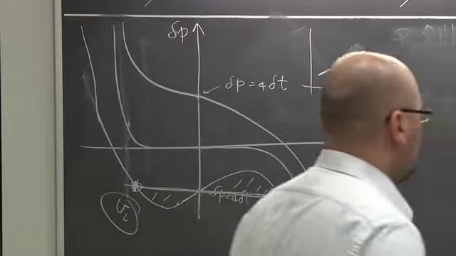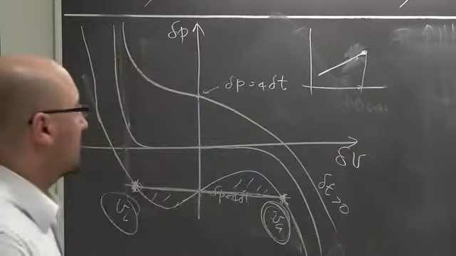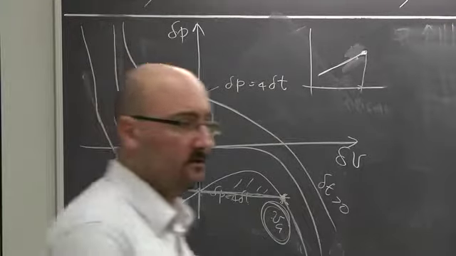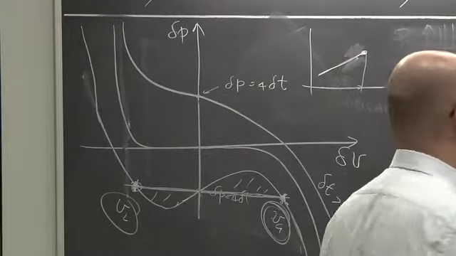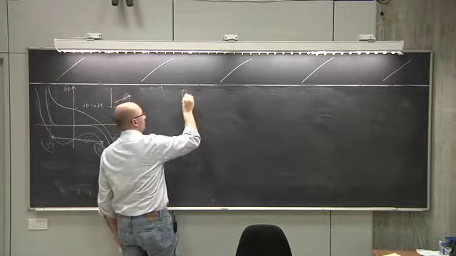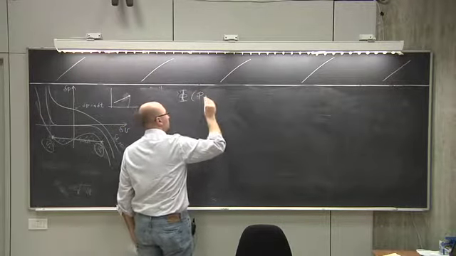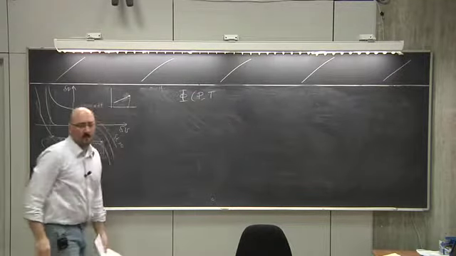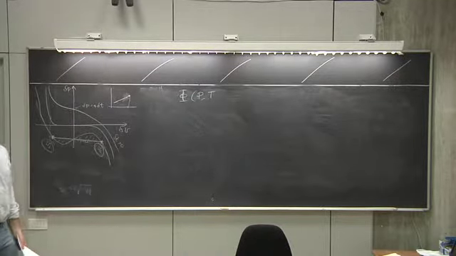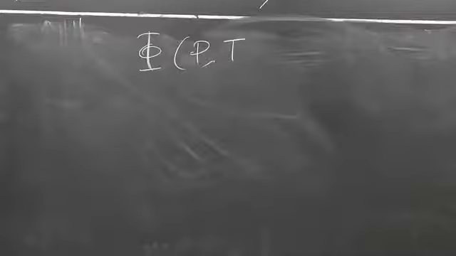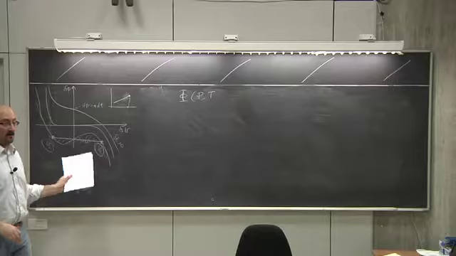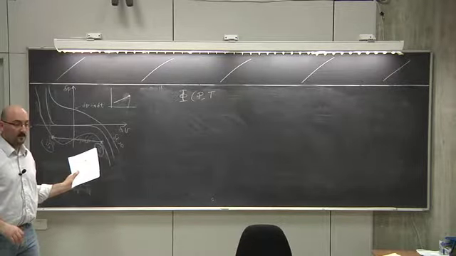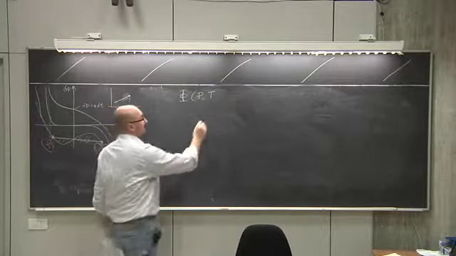So, as I said, when we are talking about constant pressure and constant temperature, the relevant thermodynamic potential that we have to use is phi, which is a function of pressure, temperature, and we now use as a free parameter the difference in the specific volumes of the two phases, sorry.